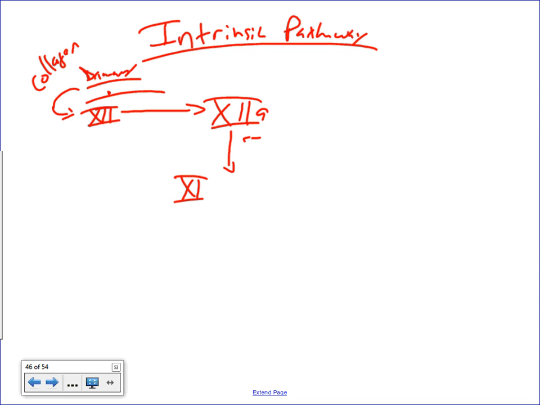In order to do this, there have to be some other proteins involved that allow this to happen, called HMW, high molecular weight kininogen. This is accelerated by other chemicals as well.